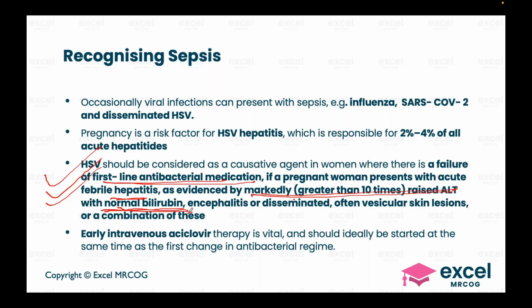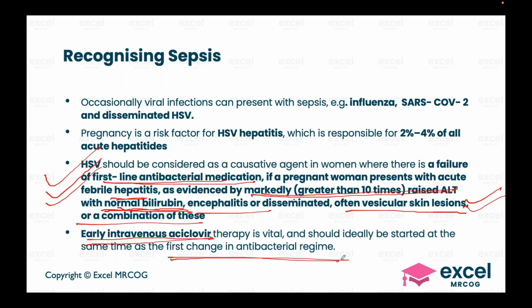Encephalitis or disseminated disease, often vesicular skin lesions or a combination, but the skin lesions may not always be there. So encephalitis, hepatitis, first line has failed: always think of herpes simplex virus infection. Acyclovir has to be started when you consider the first change in antibacterial regime. That means you first start, say, piperacillin, tazobactam, and clindamycin.